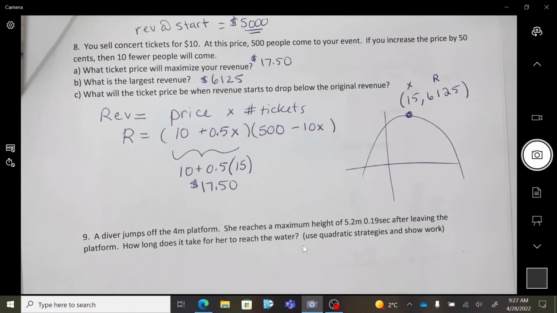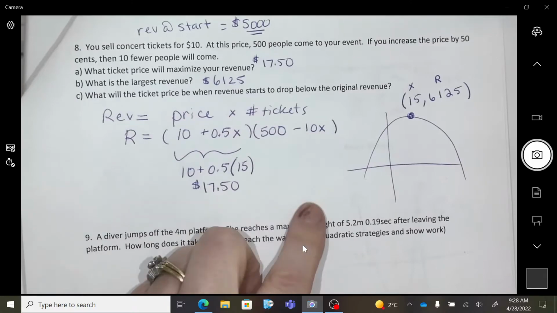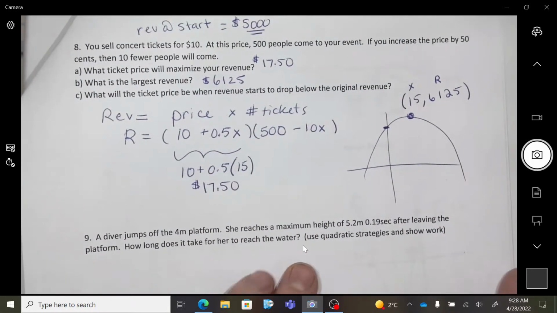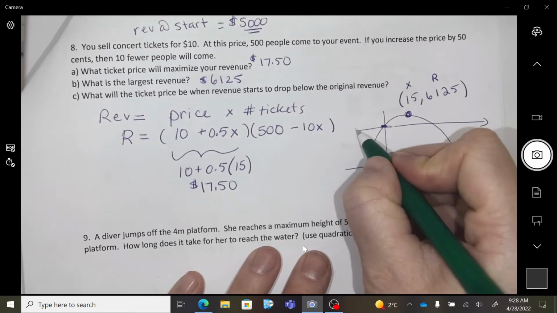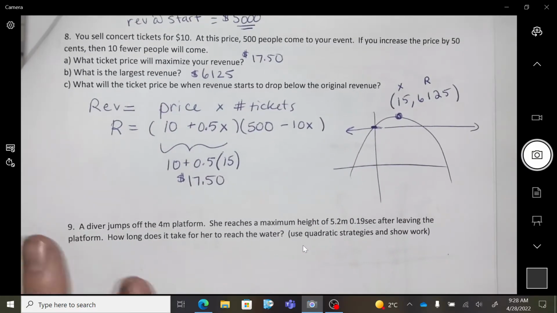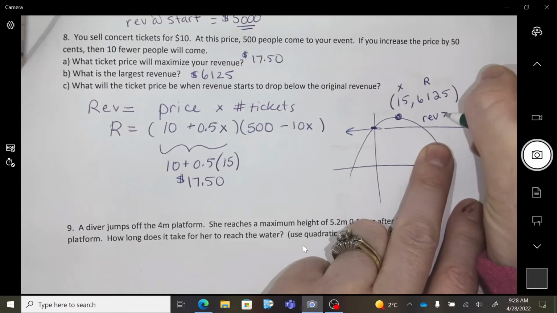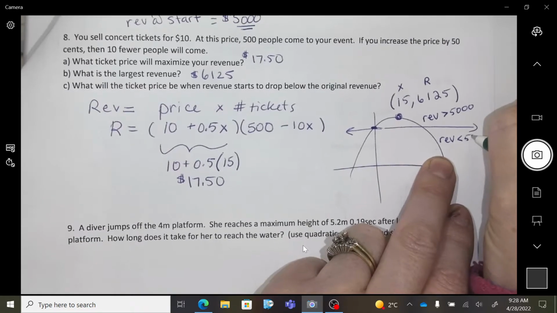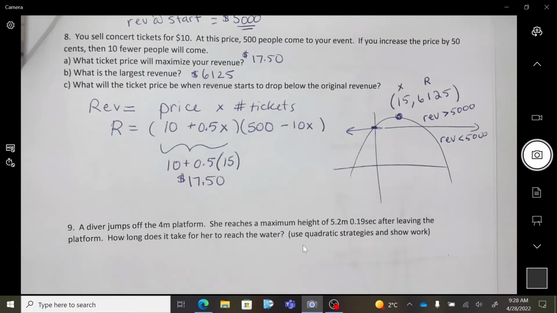What will be the ticket price when we start to drop below the original revenue? So the original revenue was 5,000. So right there, that's 5,000. So here the revenue is above 5,000, and then at this point it's going to be below 5,000.